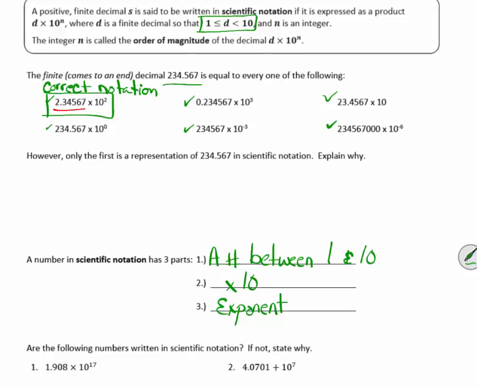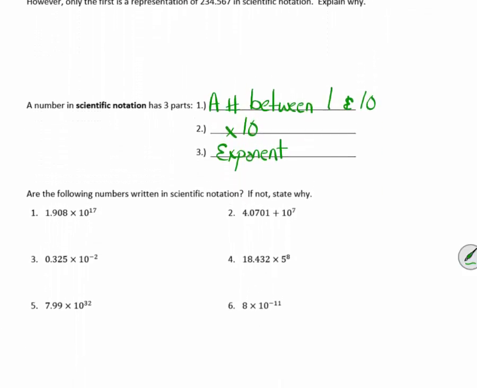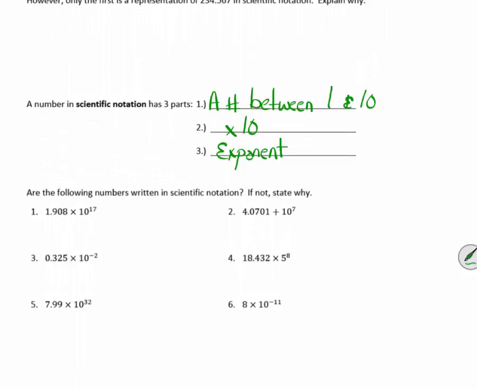So first we just have to recognize, are they in correct scientific notation? When I look at this, I'm looking for those three parts. Here I have a number out front. It is between 1 and 10, so that's okay. Then we have times 10, and then we have an exponent. So this is yes. All right, number 2.